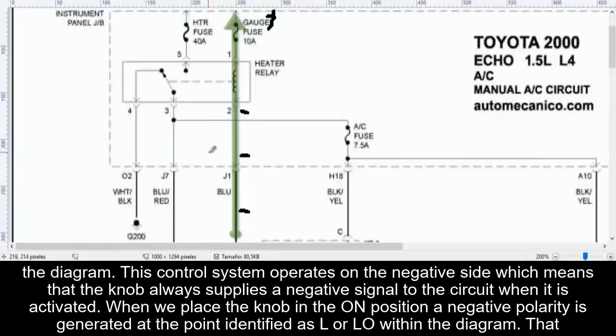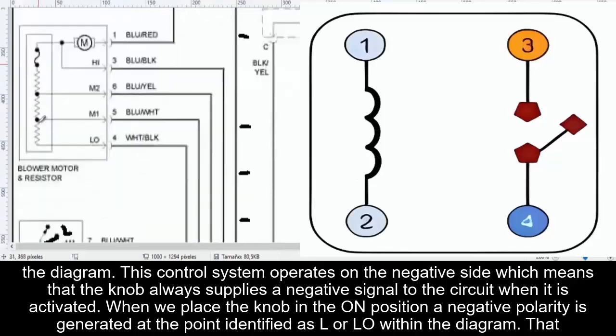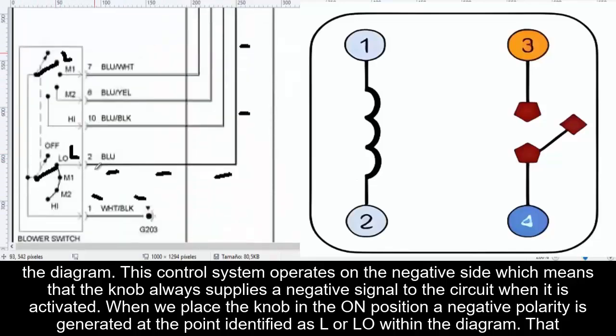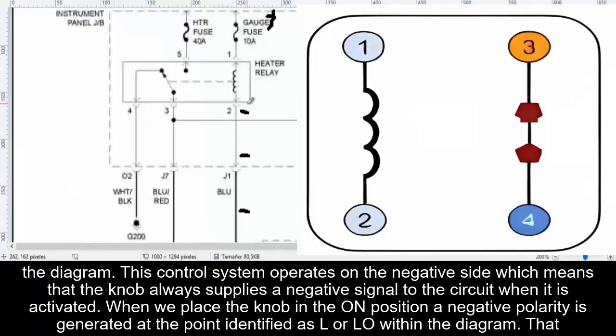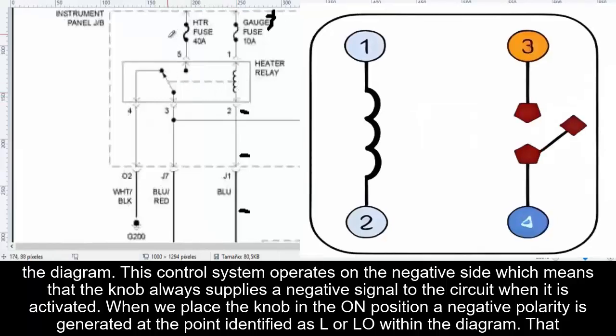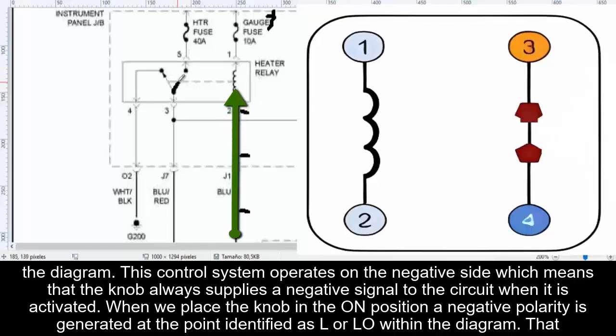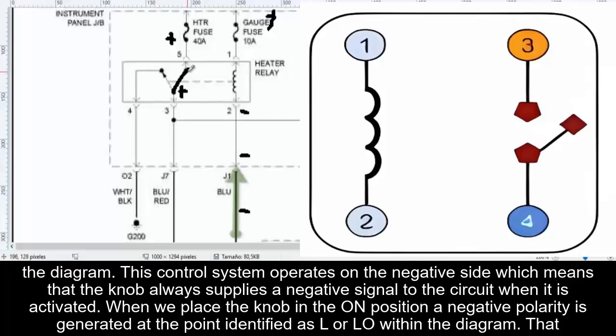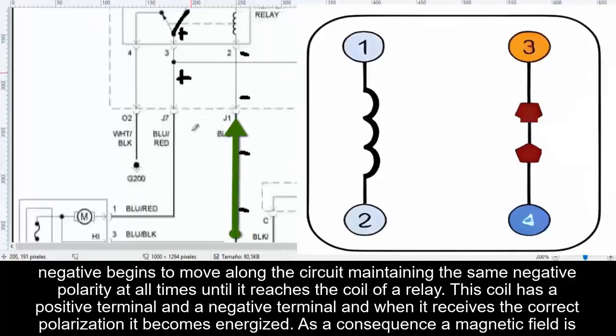This control system operates on the negative side, which means that the knob always supplies a negative signal to the circuit when it is activated. When we place the knob in the on position, a negative polarity is generated at the point identified as L or LO within the diagram.